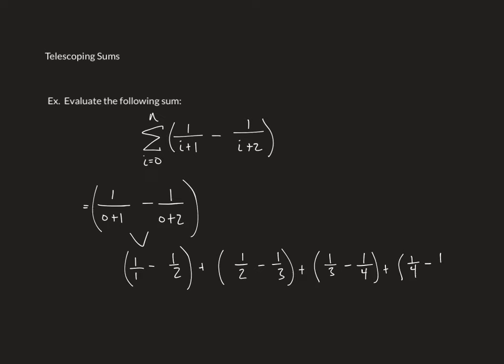And I'd challenge you to figure out what the solution is here as this continues. It goes on and on till eventually we're adding 1 over n minus 1 over n plus 1. And then finally, if I plugged in n, I would get 1 over n plus 1 minus 1 over n plus 2, right?